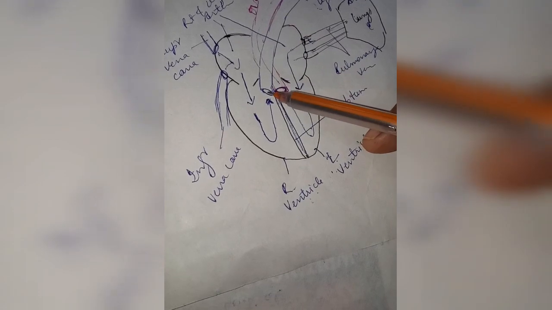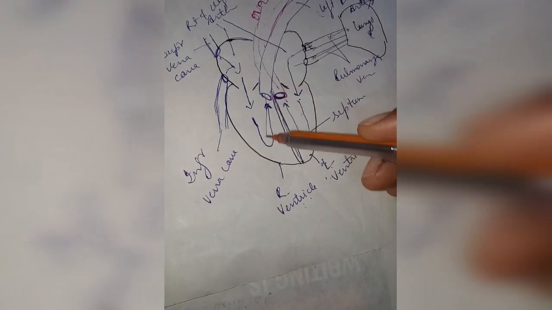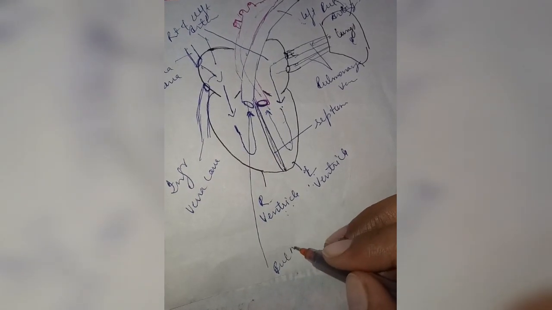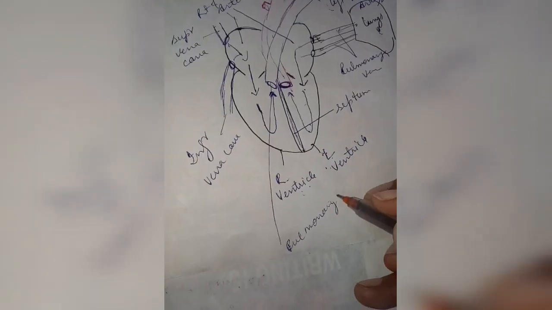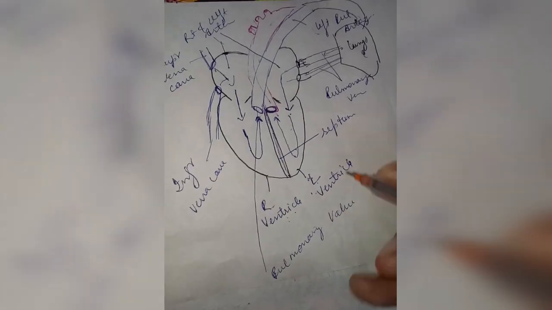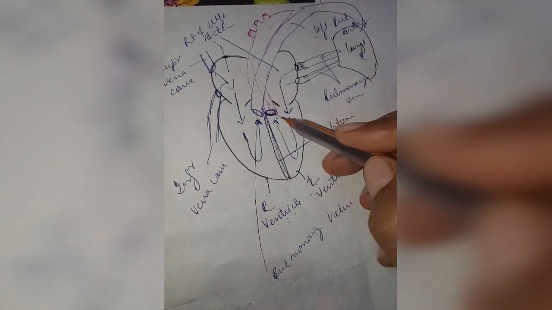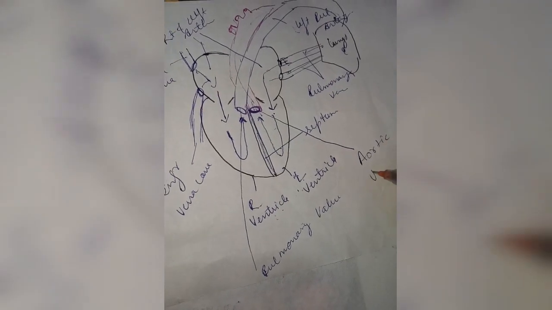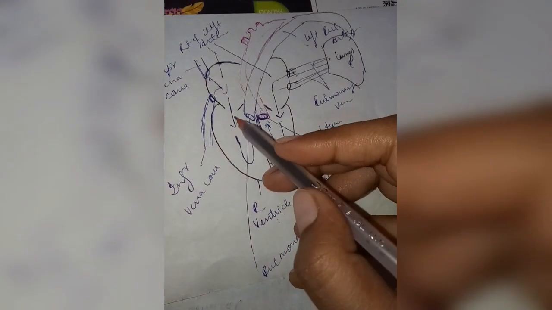Okay, here you see this is the left pulmonary artery, so it will be the pulmonary valve. And it is the opening of the aorta, so it will be the aortic valve.